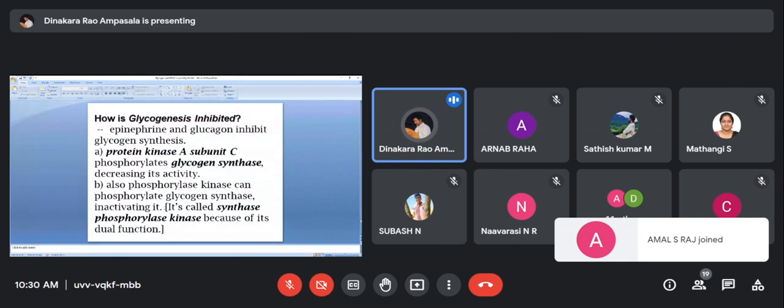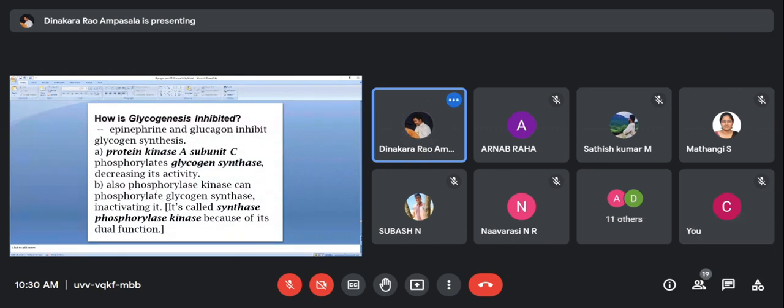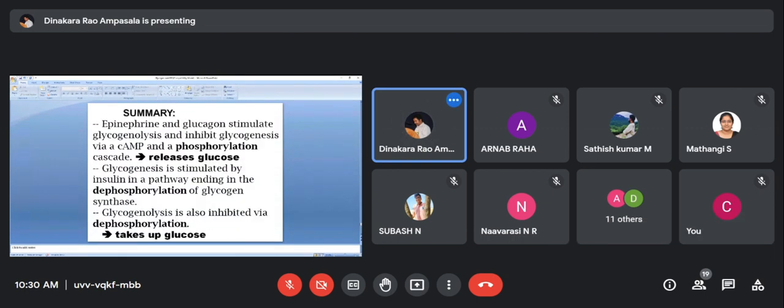So, a summary of this regulation: epinephrine and glucagon stimulate glycogenolysis via cyclic AMP. Glycogenesis is stimulated by insulin, a pathway ending in dephosphorylation, and glycogenolysis is inhibited via dephosphorylation when the body takes up glucose.